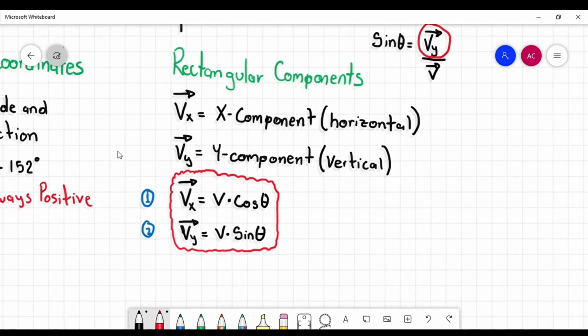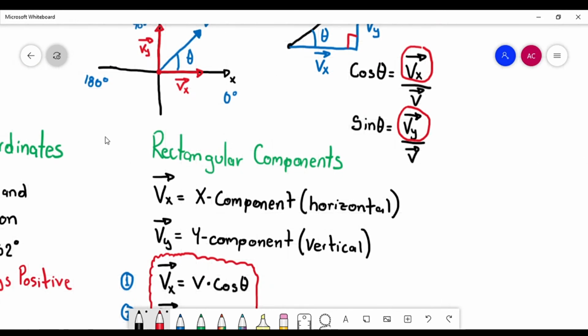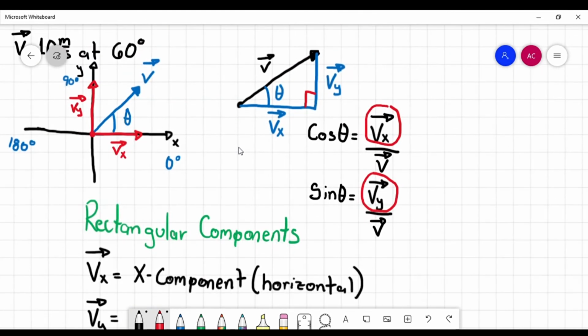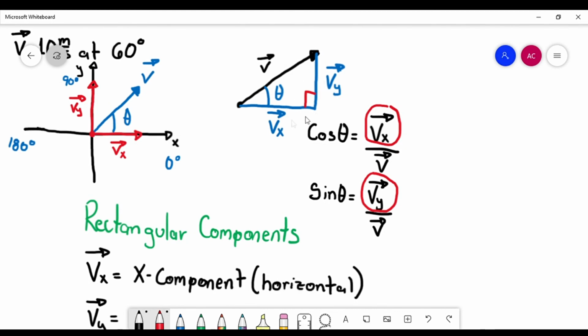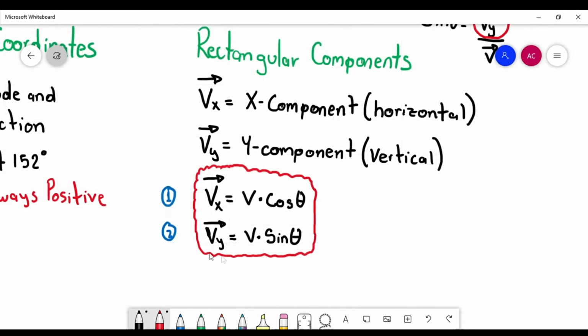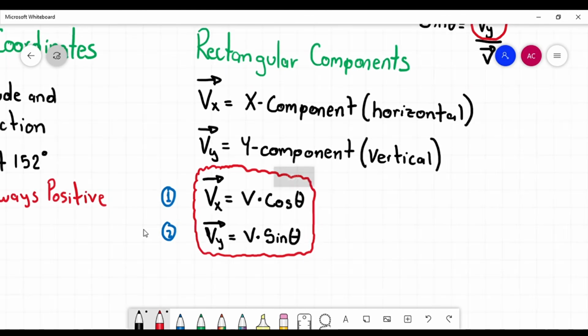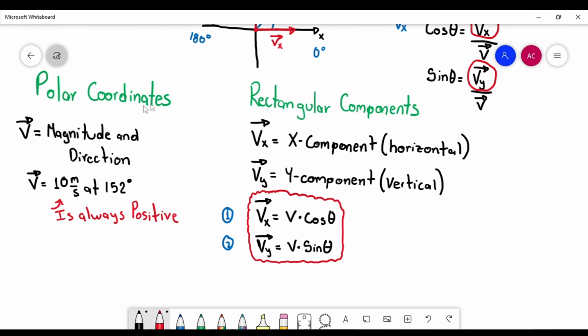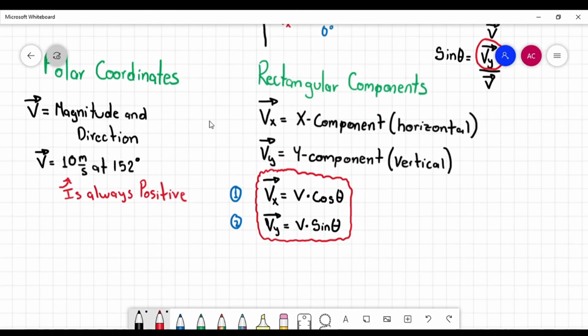Got it? But if you don't want to get in trouble with the information and memorizing formulas and all the procedures, these are the only two formulas that we are going to need. In the next video, we're going to see how to transform a vector using polar coordinates into rectangular components.